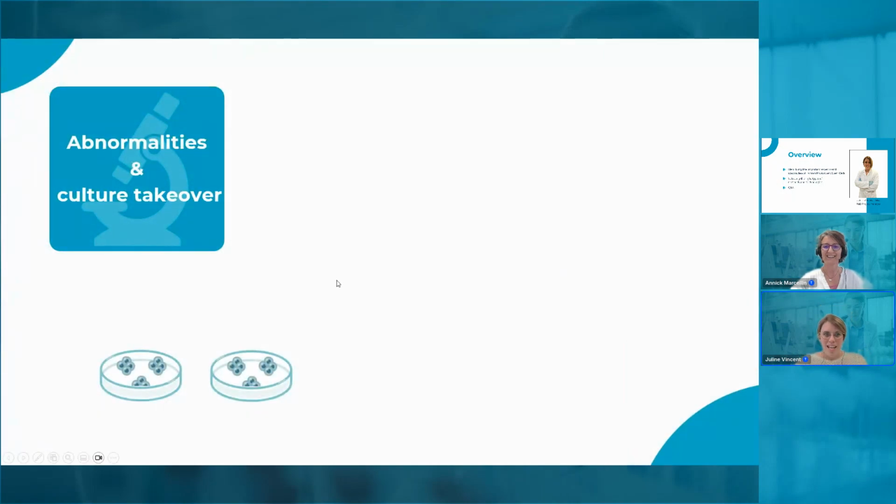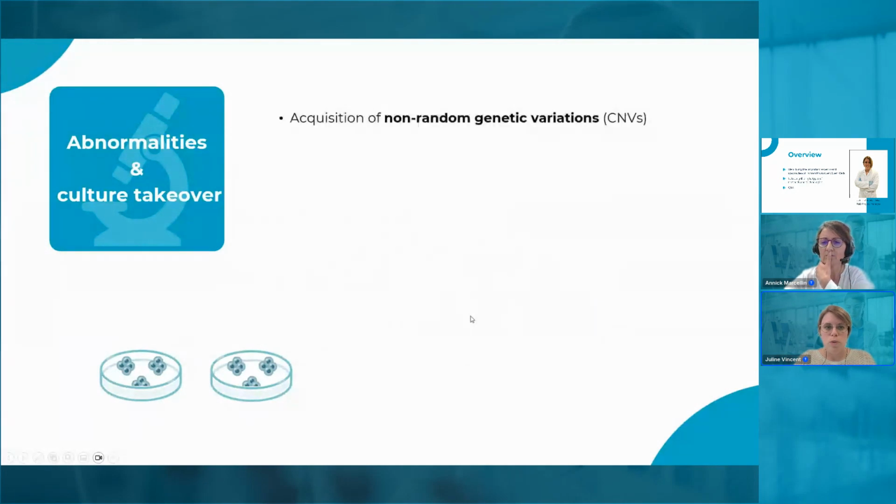So, as scientists specializing in pluripotent stem cells, I'm sure that you already know that iPS are prone to acquire abnormalities during their time in culture. This phenomenon has been described in several scientific publications as copy number variation.